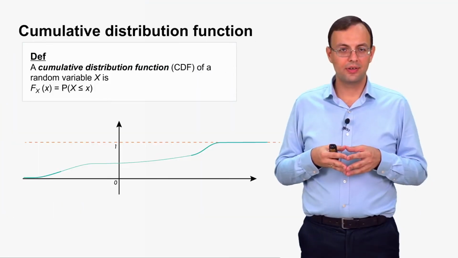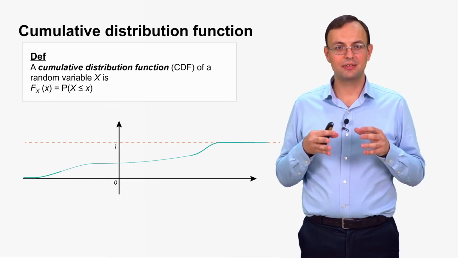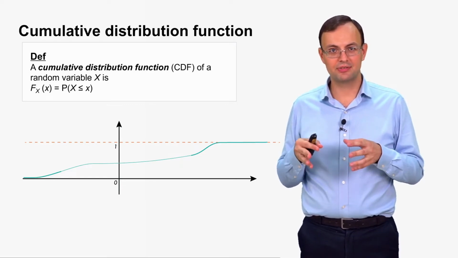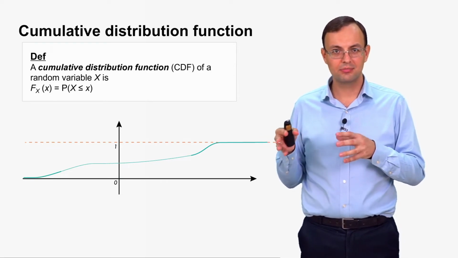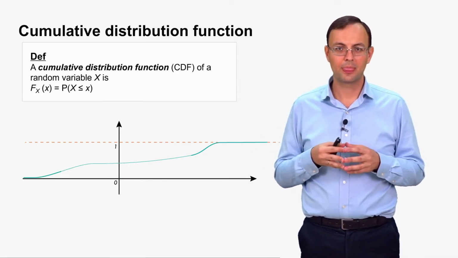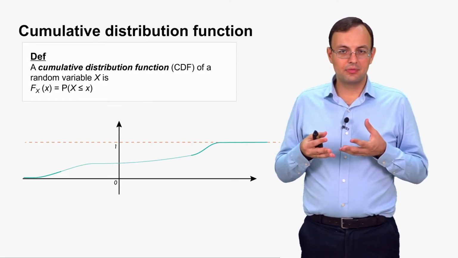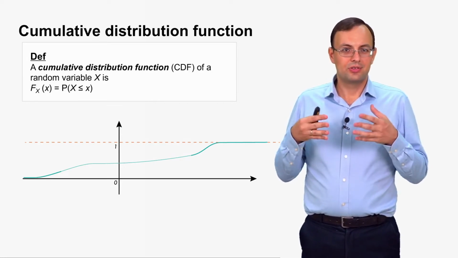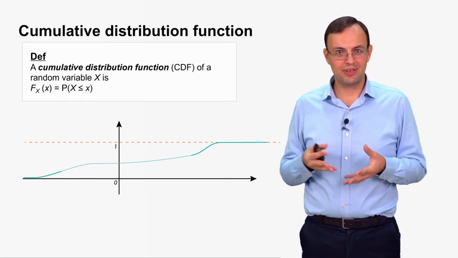So the plot of the CDF looks like this. This function cannot decrease. It can either increase or stay constant, but it cannot decrease. These properties are just direct consequences of the definition of what the CDF is.